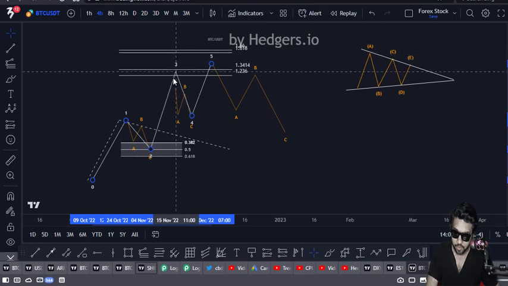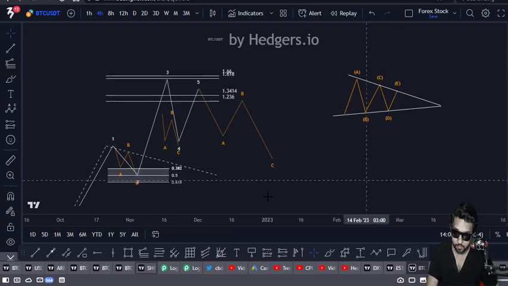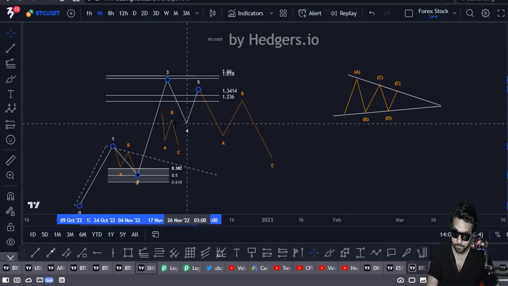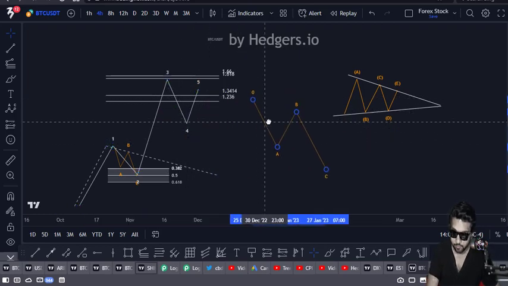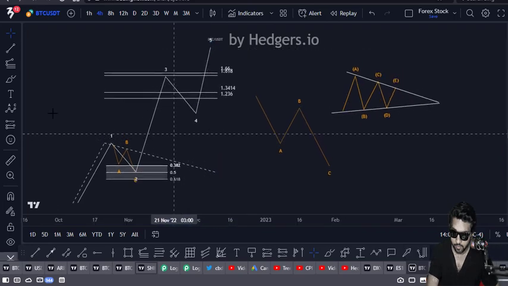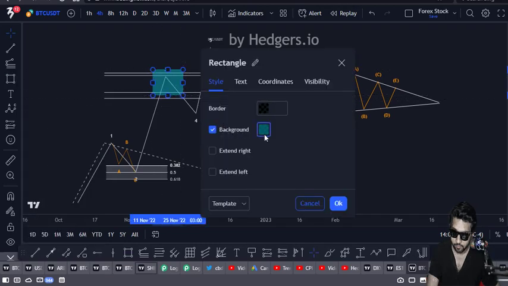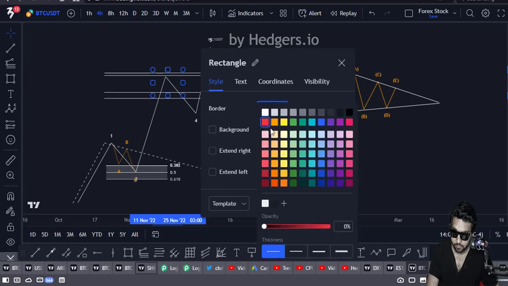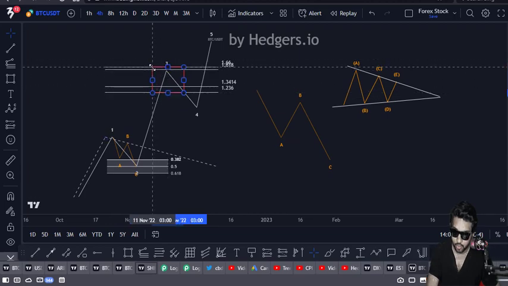It can be in between 1.341 to 1.618. Okay, that is the box you're gonna draw here for your wave 3.